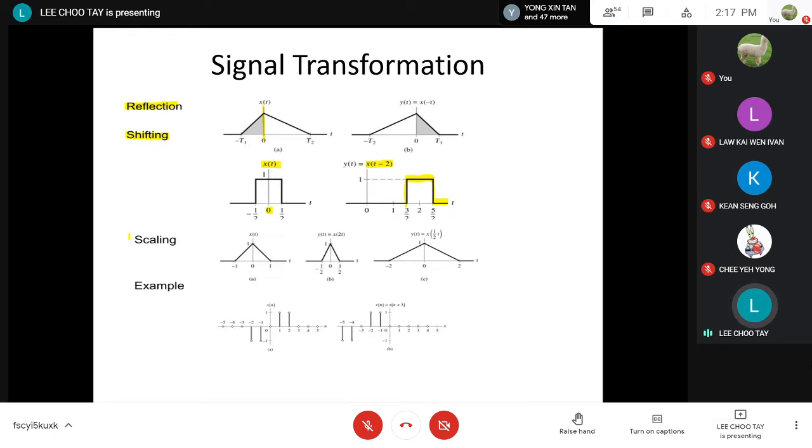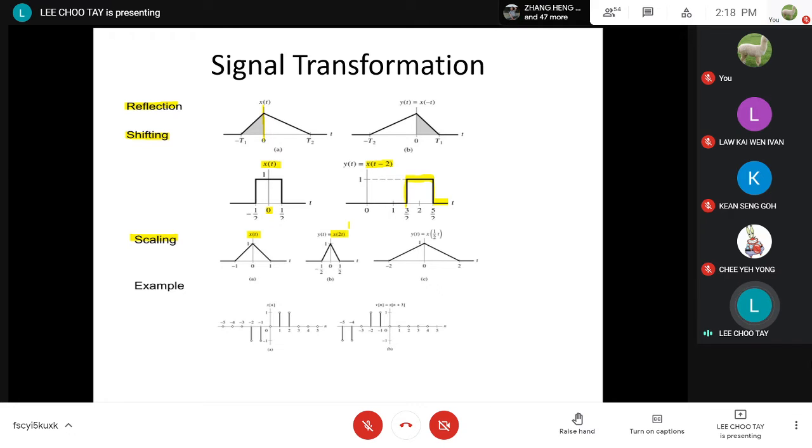And then scaling is where we stretch or compress the signal. Let's say the signal originally looked like this. If you compress it, it becomes narrower. As far as the equation is concerned, if this is x(t), then this will be x(2t).